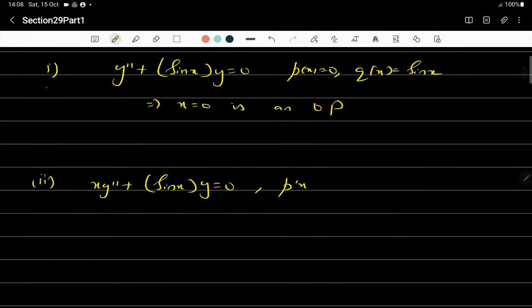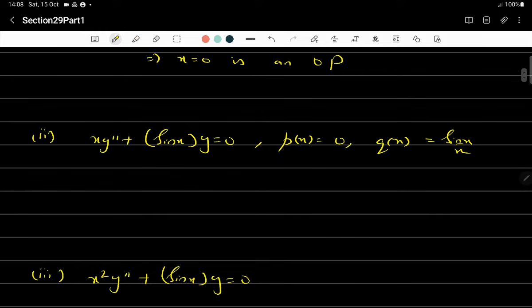In the second one, p of x is 0 and q of x is sin x by x. Now this is very important. If you see the expansion of sin x by x, it is actually 1 by x times (x minus x cube by 3 factorial plus x raised to the power 5 by 5 factorial and so on).